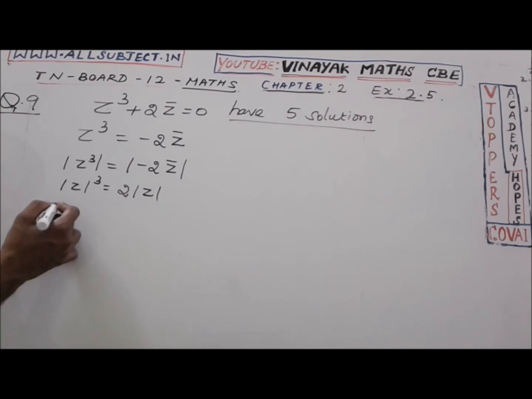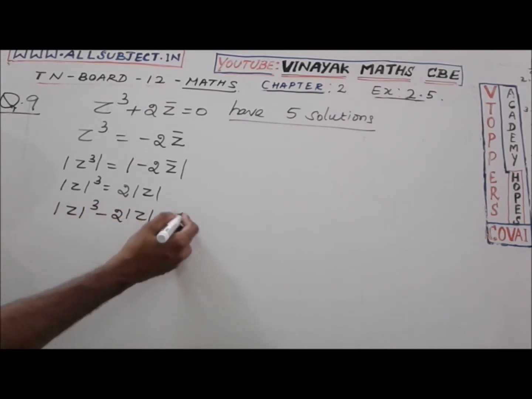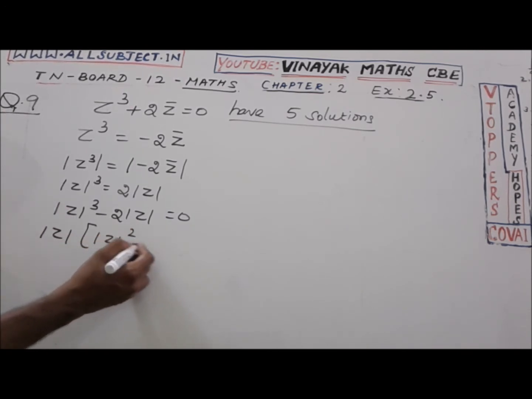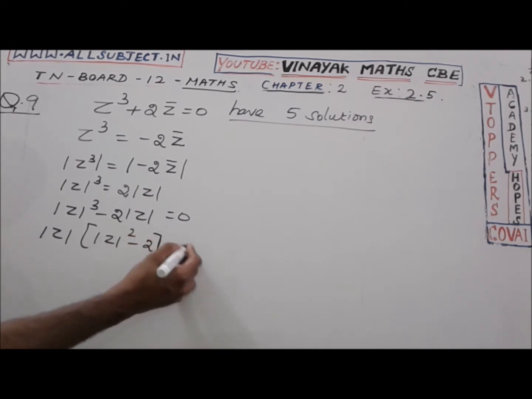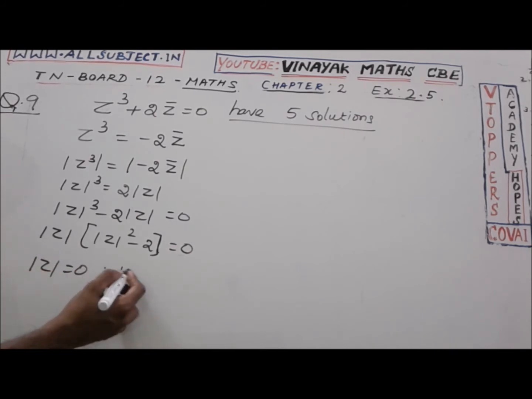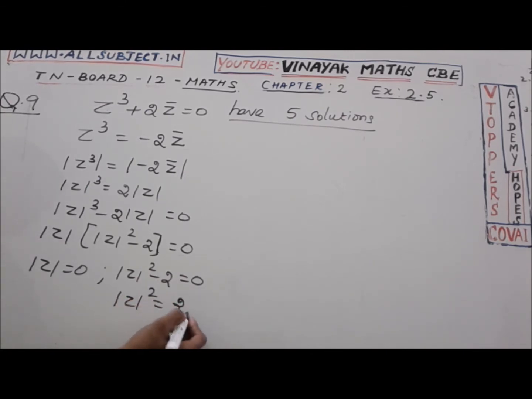Now bring it to the left side: modulus z cube minus 2 modulus z equals 0. Taking modulus z common, modulus z into modulus z squared minus 2 equals 0. Then modulus z equals 0, or modulus z squared minus 2 equals 0. From this we have modulus z squared equals 2.